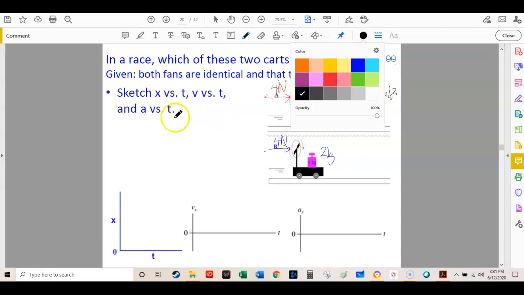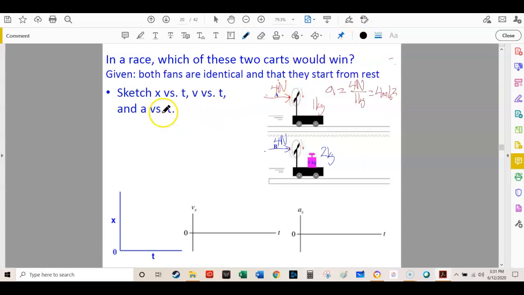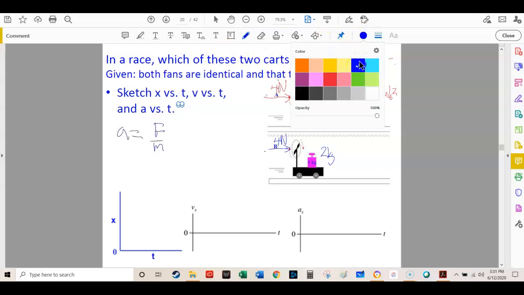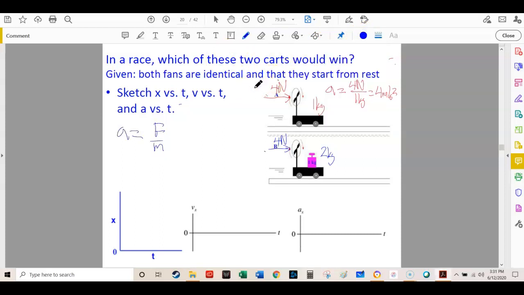Okay, and again, I got that from basically acceleration is equal to force over mass. Okay. The blue cart is going to be accelerating at 4 newtons over 2 kilograms. So that is going to be 2 meters per second squared. Okay?